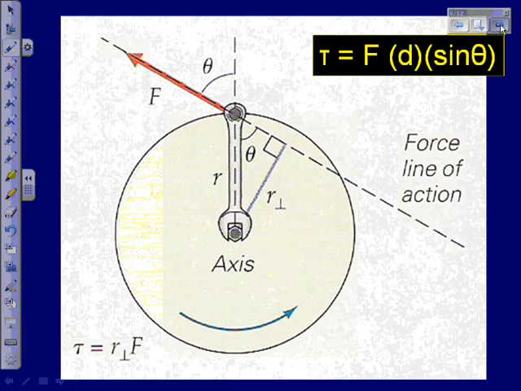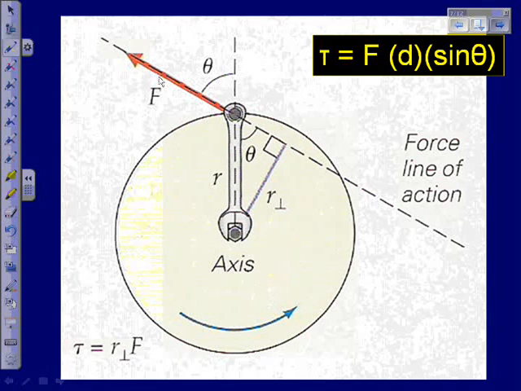Alright, so if we talk about this wrench, a torque wrench. This is Arial font on the computer, it's how Arial font writes tau, but it's tau. It's equal to F times D times sine of theta, right?